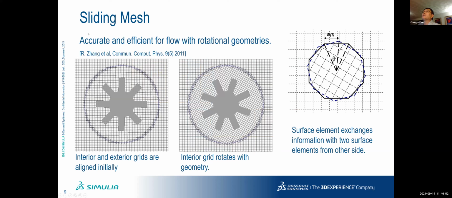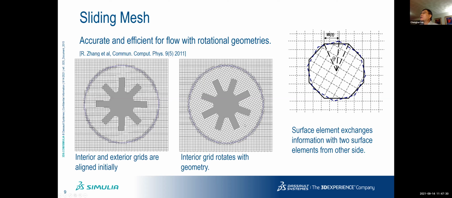So the next topic is sliding mesh. Sliding mesh is a very accurate and efficient method for rotating geometry. The basic idea is initially we have the interior lattice and exterior lattice, which are aligned initially, but the interior mesh will rotate with the geometry.